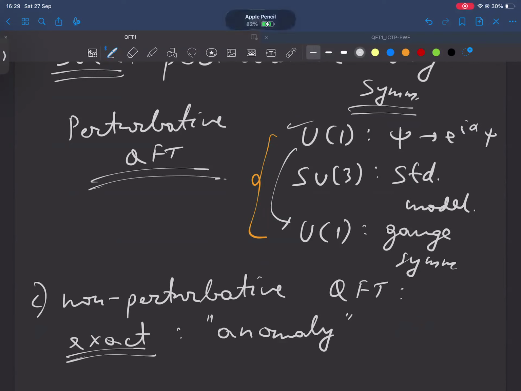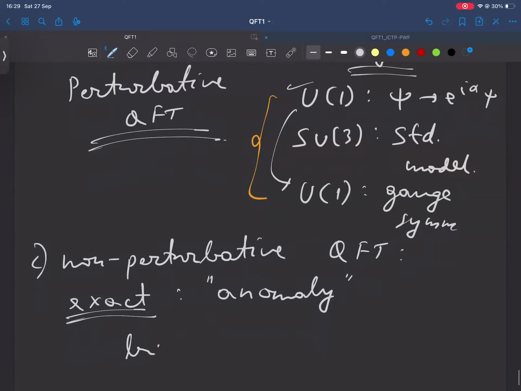Now this is something you have to take from me. There is no way that I'll be able to convey this in the next 2 minutes, but I'm just saying even the free theory is so powerful that it already shows you something that is there in this richer corner of non-perturbative QFT. You would have heard these buzzwords in physics, like instantons and solitons.